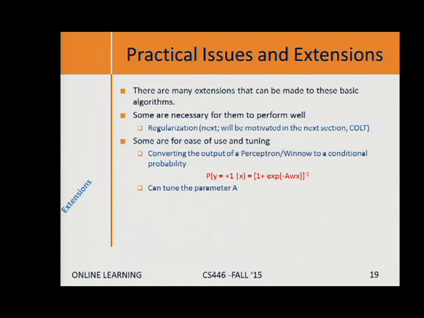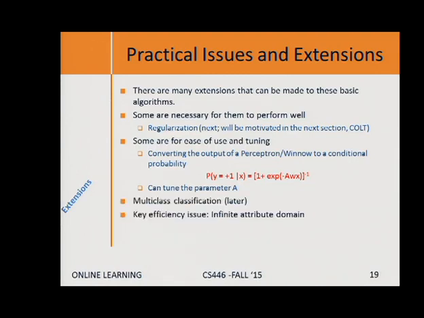There is a simple way to convert it. Basically, I showed it last time. It's 1 over 1 plus e to the minus w dot product x times some constant a. The constant a could be 1, or you can tune the constant a so that it looks better, behaves more like a probability distribution.